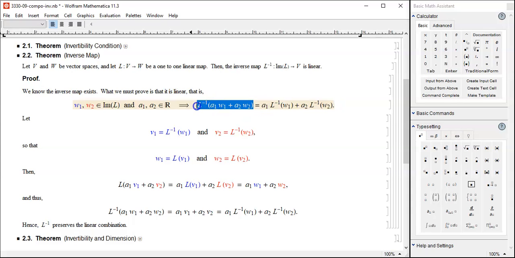Let's start from the left-hand side, and let's continue using the same color coding. W1 is blue, W2 is red. And then let's go to this. Did we just prove that A1W1 plus A2W2 came from A1V1 plus A2V2? We just did. So if you take the inverse map, this is what we're going to get, of course.